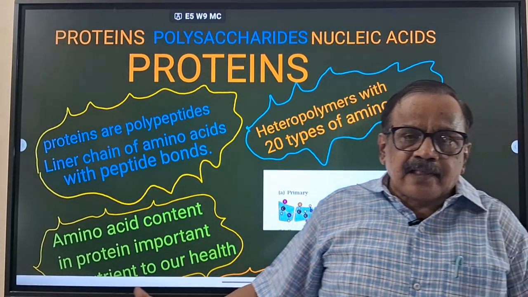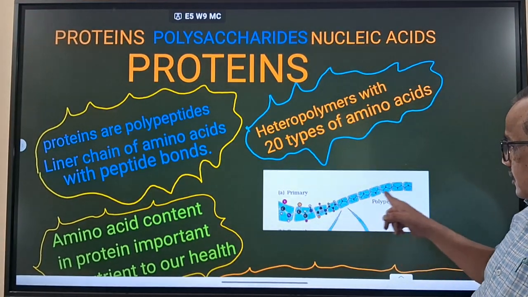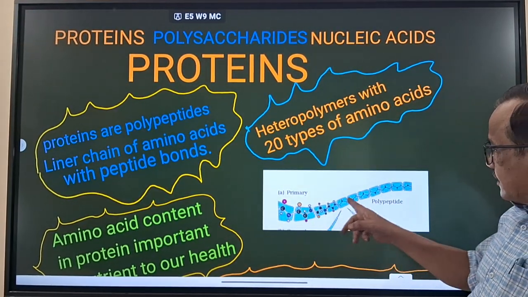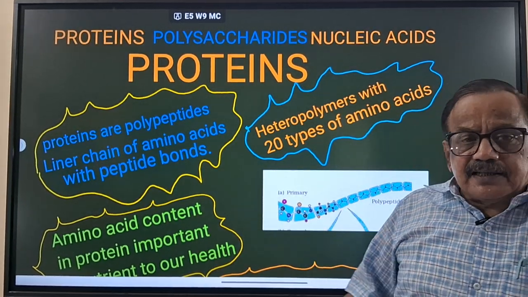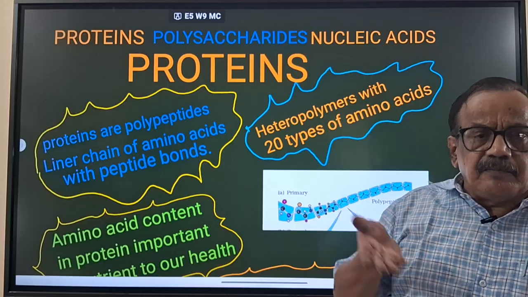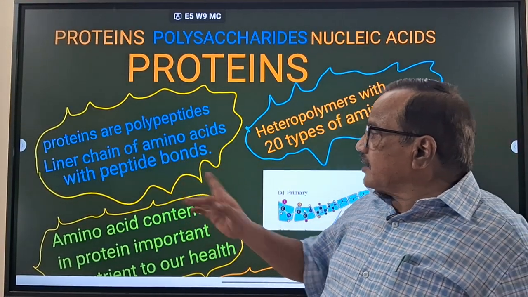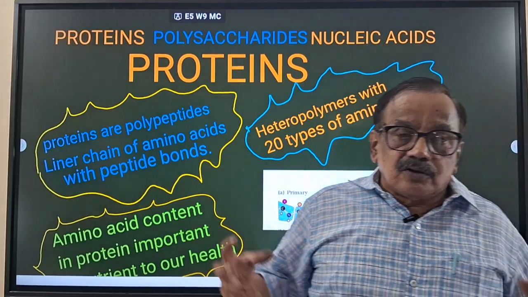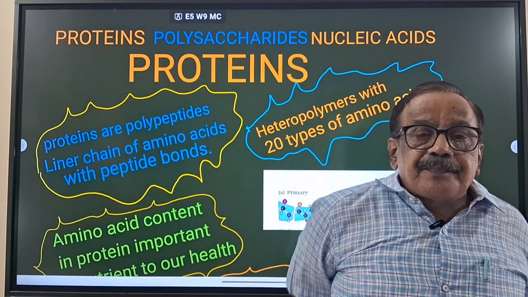You see, amino acids are present in a line, because it is a polymer made up of monomers. The bond present between two amino acids is called a peptide bond.